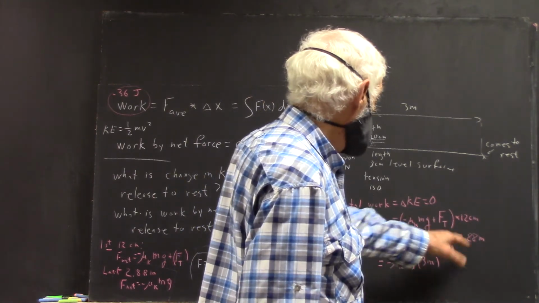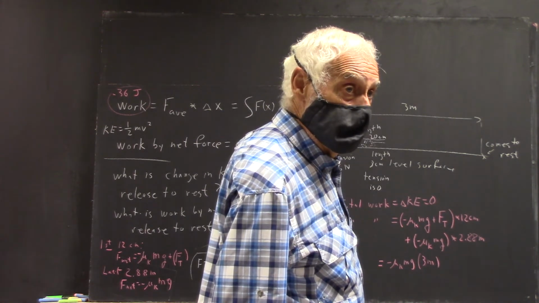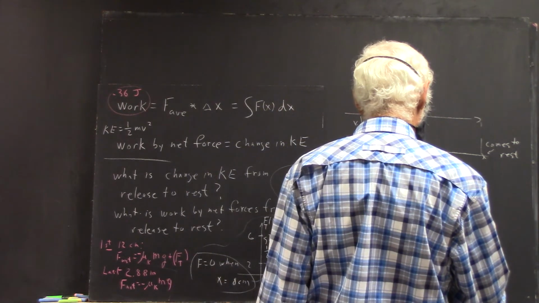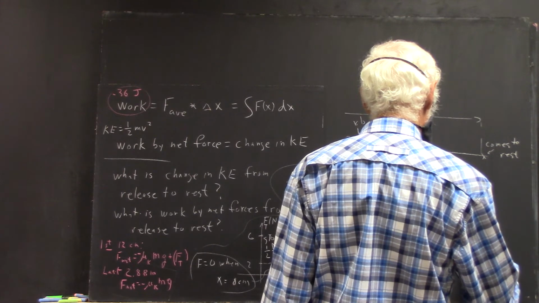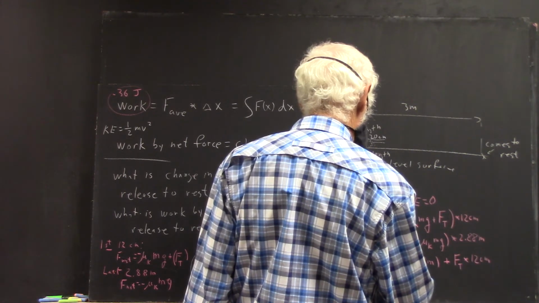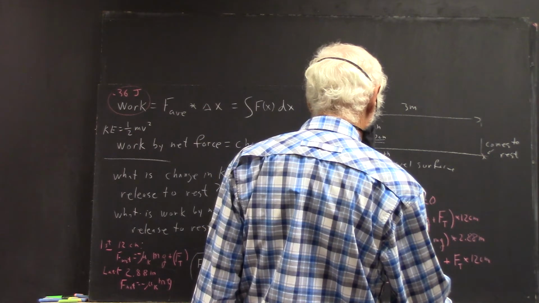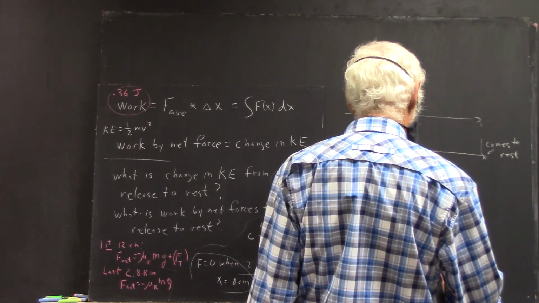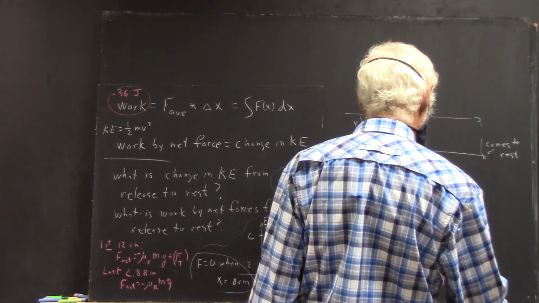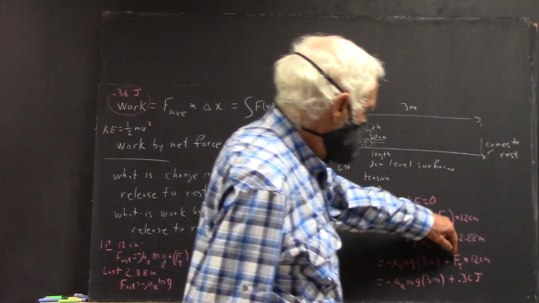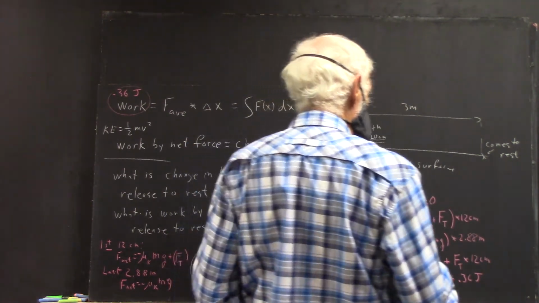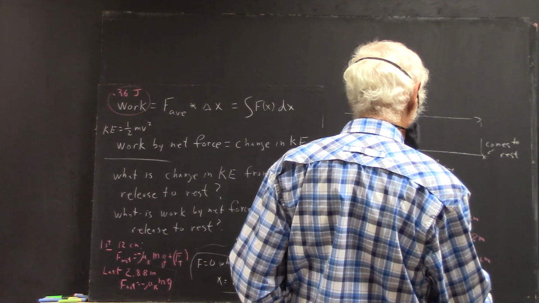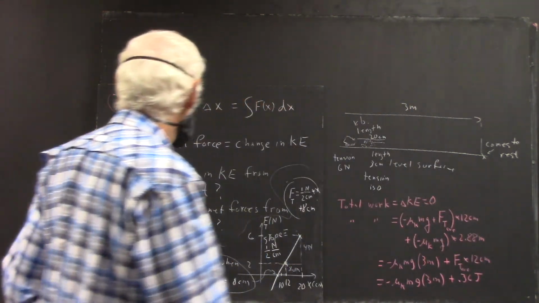So we just add the two displacements and we get 3 meters, right? I've got F_T, should be F_T average.